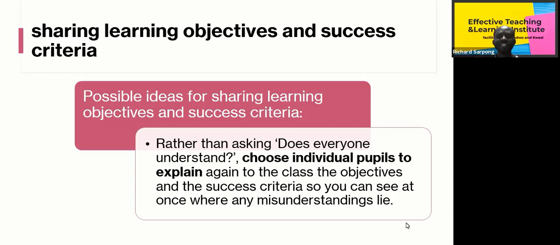when you have shared it, when you just say, these are the learning intentions, these are the success criteria, you don't just ask students, do you understand, or does everybody understand? It's important that you use students' reflection. You can call on the students to explain to the class again what they think they are going to learn as defined by the learning objective, and how they will know that they are being successful with their learning.